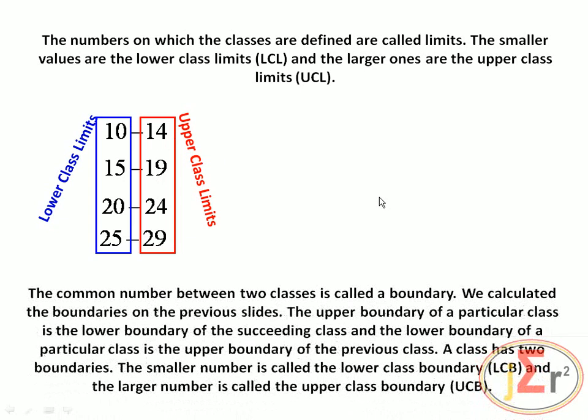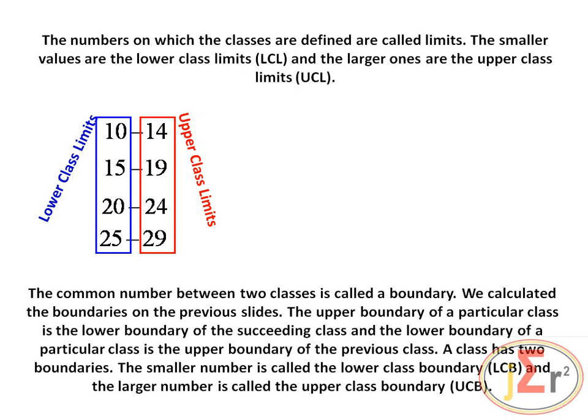The common number between two classes is called a boundary. We calculated the boundaries on the previous slides. The upper boundary of the particular class is the lower boundary of the succeeding class. That is, the upper boundary of a particular class will be the lower boundary of the class that is coming after.